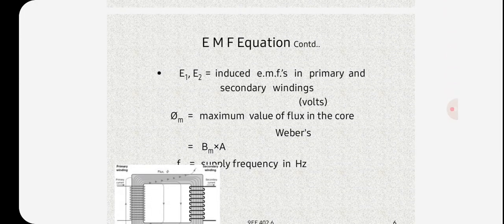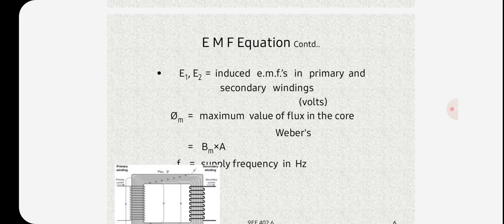Also, the average rate of change of flux is dΦ by dt, from Faraday's second law. We can substitute the values: dΦ means maximum flux Φm, and dt means 1/4f. After calculation, it will be 4fΦm Weber per second.